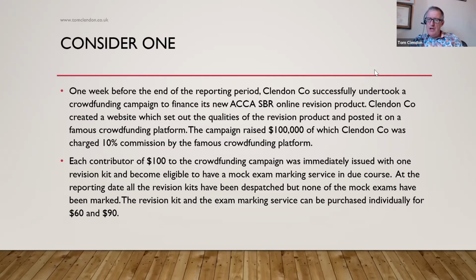So we're just before the year end, and there's a crowdfunding campaign, and we've got $100,000 coming in. Now we charge 10%. So although the gross amount of money coming in is 100, actually the platform, the agent, has taken out 10%, has taken out 10,000.